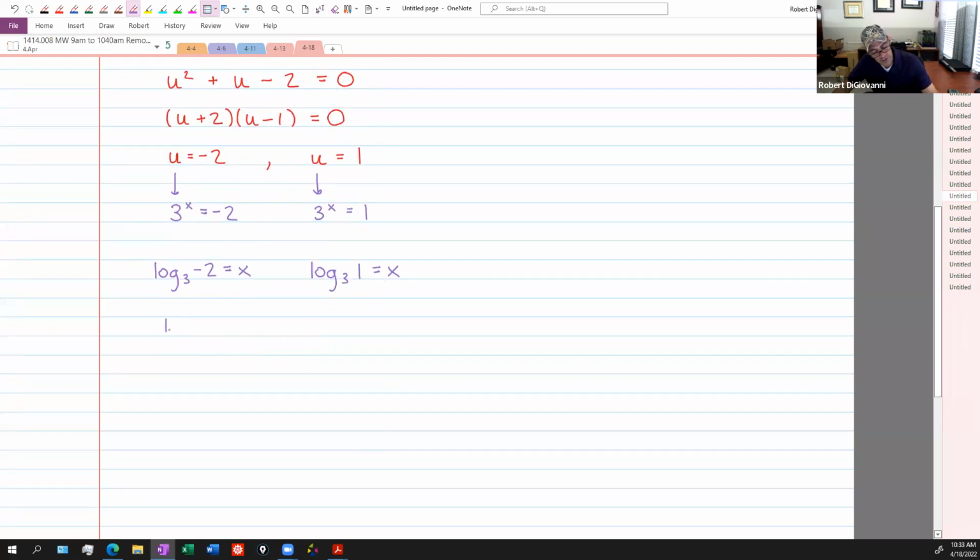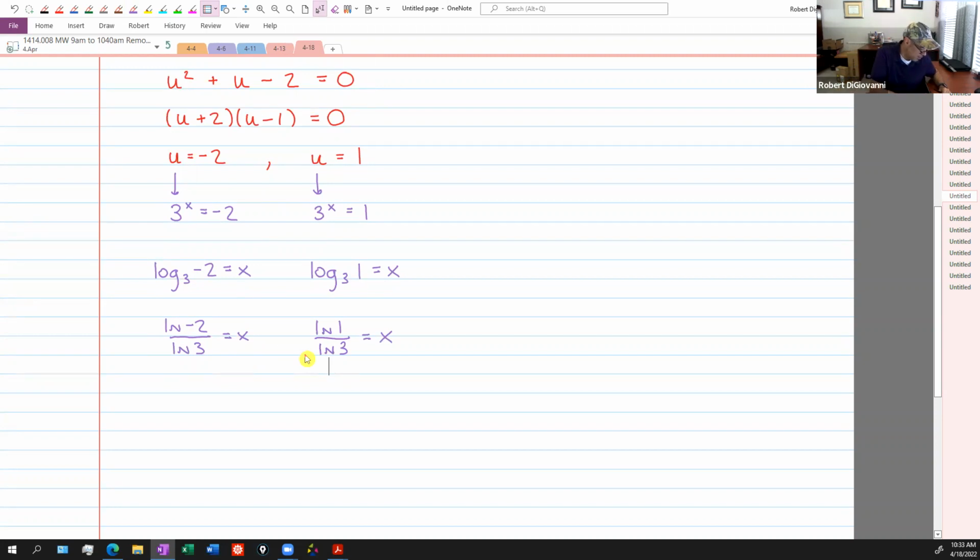And then I'll use the change of base formula and my calculator to figure out these. I'm just using that property where you can switch this using your calculator.